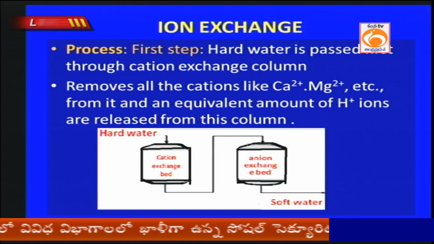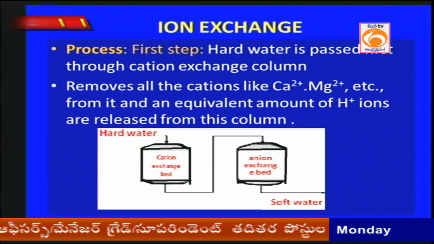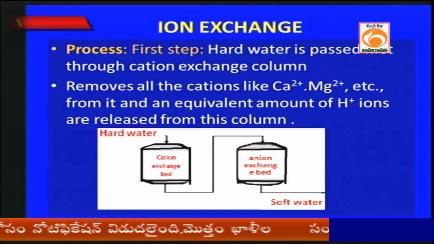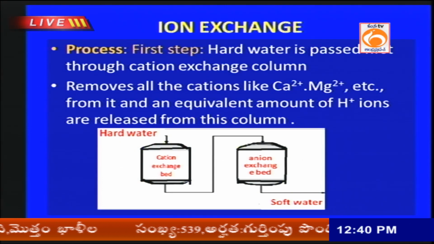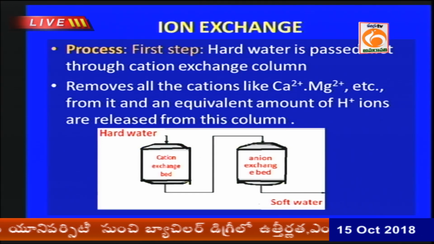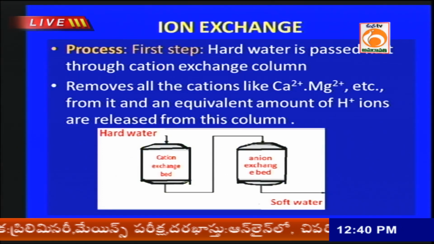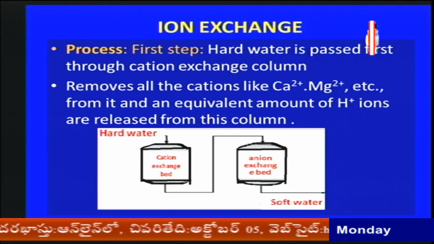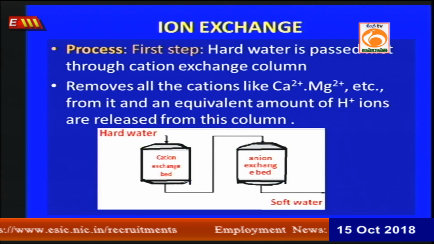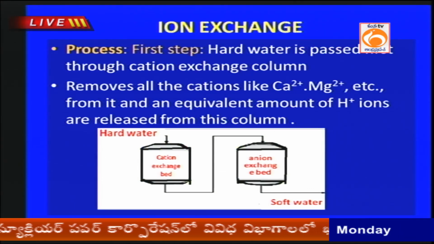Here two drums are there. In the first step, hard water is passed to the first drum, which contains a cation exchange resin bed. Whenever the hard water is passed through the cation exchange resin, the H plus ions are replaced, and the calcium and magnesium stay in the cationic bed. So more H plus ions come out from that drum, meaning the water has more acidic character.